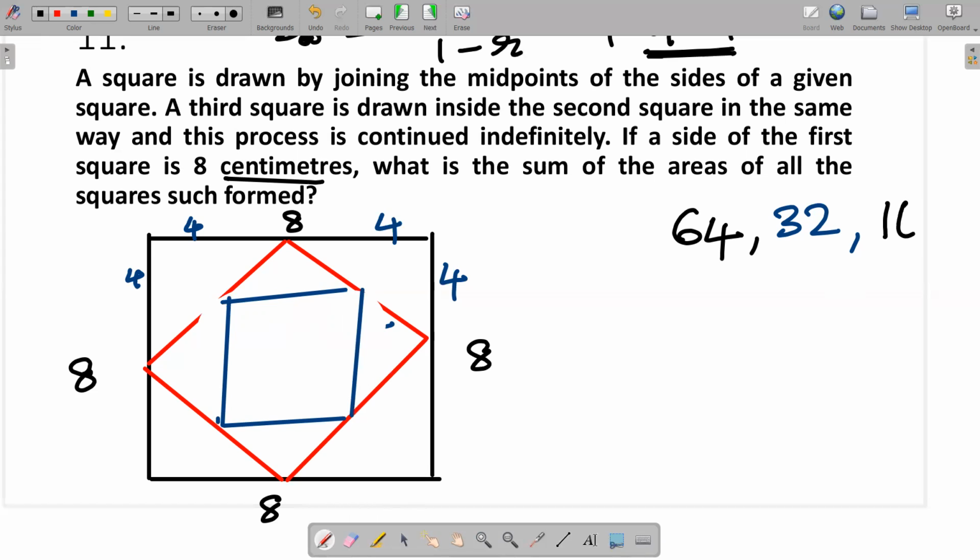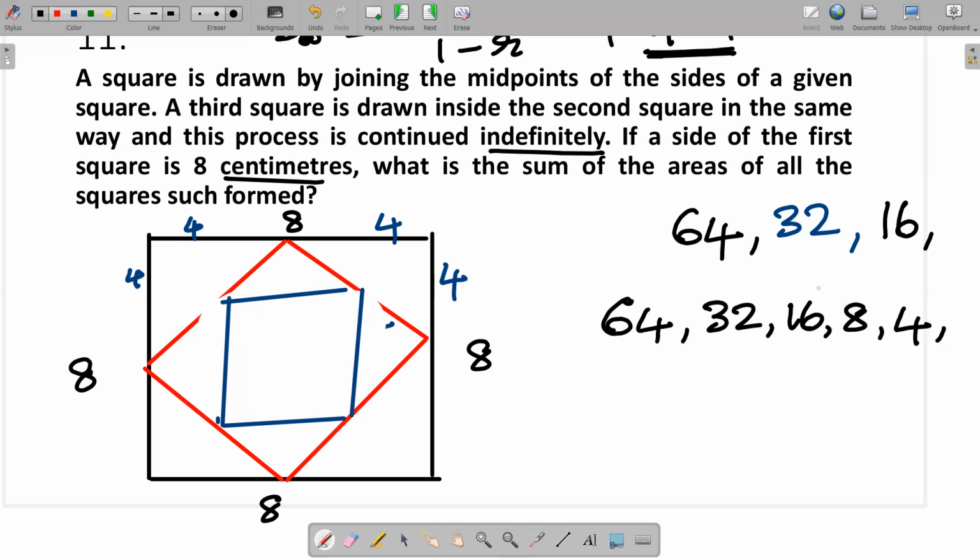So this pattern continues up to infinity, because they are telling you it is going on indefinitely. The series here is 64, 32, 16, the next square will be 8, then comes 4, and it goes up to infinity.